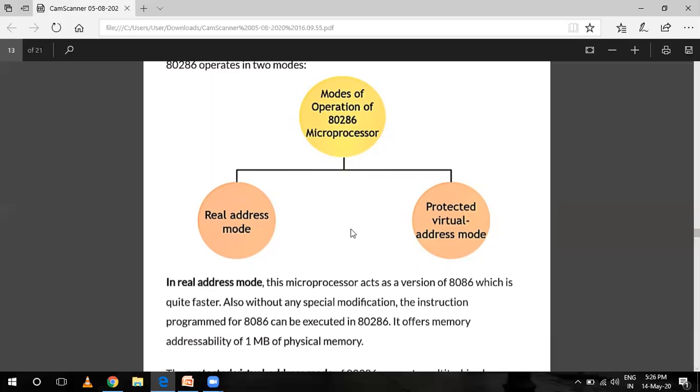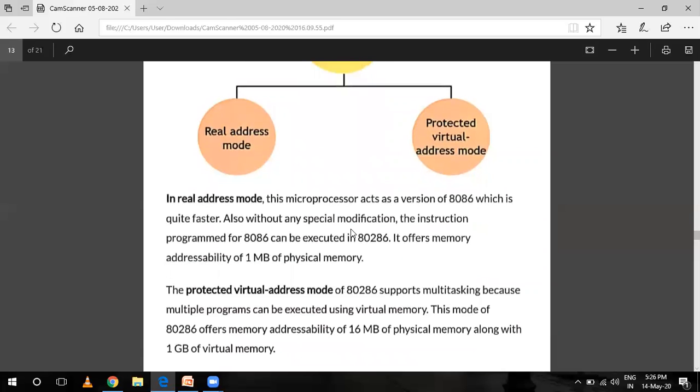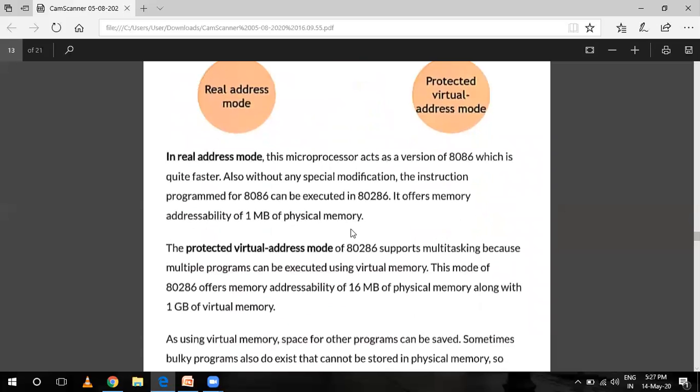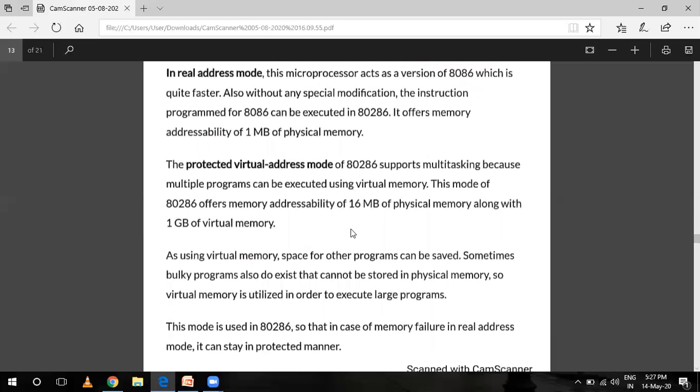The protected virtual address mode of 80286 supports multitasking because multiple programs can be executed using virtual memory. This mode of 80286 offers memory addressability of 16 MB of physical memory along with 1 GB of virtual memory.